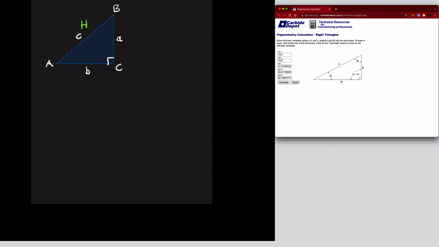So this could be L, M, and N. And if that's the case, across from big L would be little l, across from big N would be little n, and across from big M would be little m.